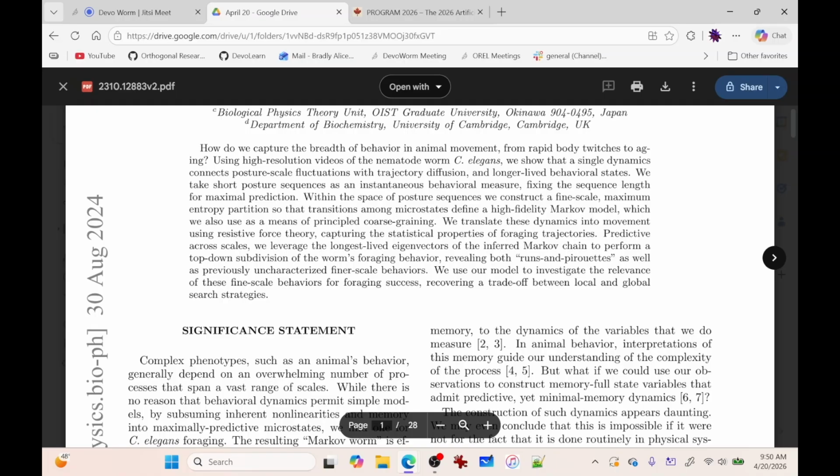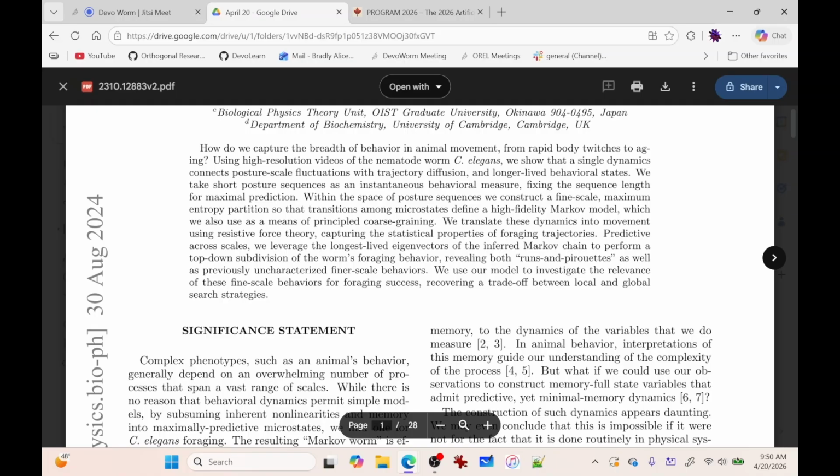And then they also have these quiescent states where they're just still. They don't make any movements. So you can observe all of these, and they can move forwards and backwards and things like that. So you want to be able to extract those postural sequences or postural states, and then build a model that shows the possibilities for movement.